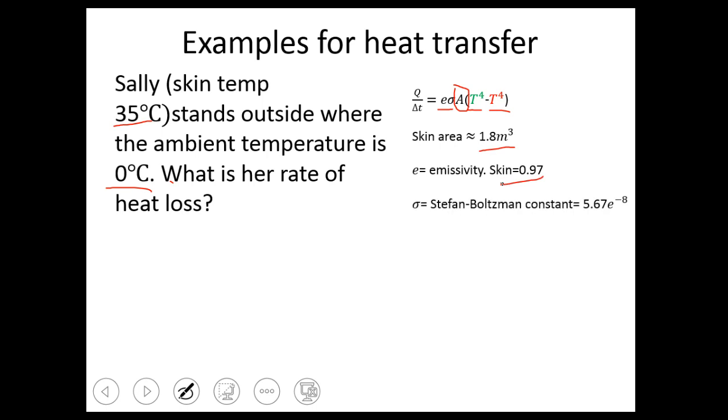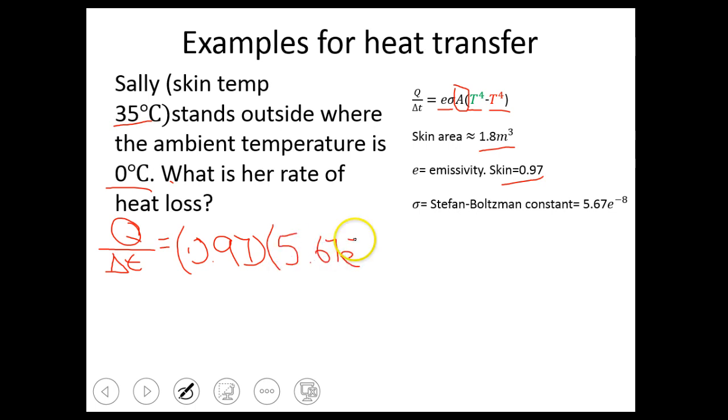Right now, all I really have to do is take those numbers and plug them in. So I get Q over delta T, her heat loss rate, is going to be equal to her emissivity, times the Stefan-Boltzmann constant, 5.67 times 10 to the negative 8th, times the surface area of skin, and then her temperature, which is 35 degrees Celsius.